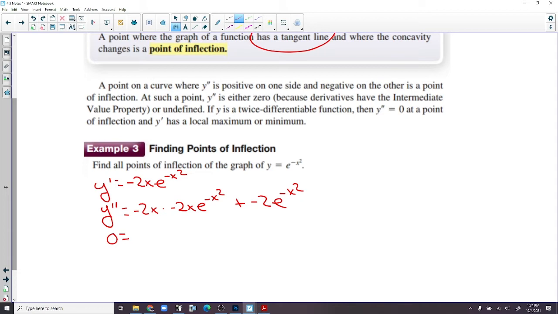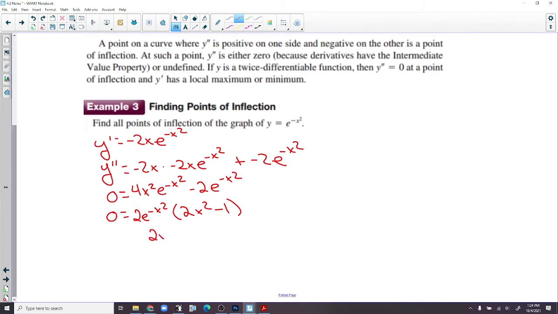Let's do this: 4x squared e to the negative x squared minus 2e to the negative x squared. And now let's just take out a 2e to the negative x squared. So 2x squared minus 1.